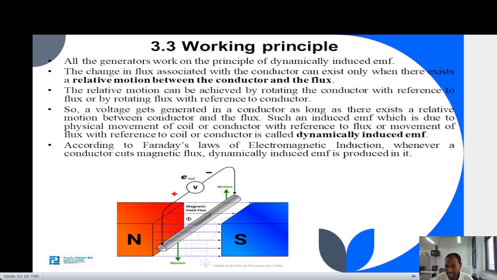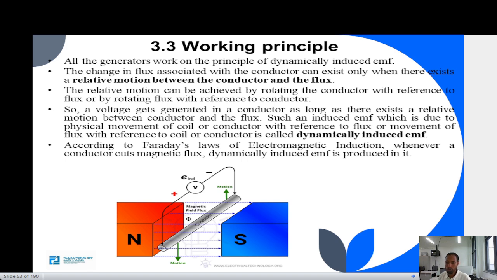Because this voltage is induced by the relative motion of the conductor with reference to flux, or flux with reference to the coil.